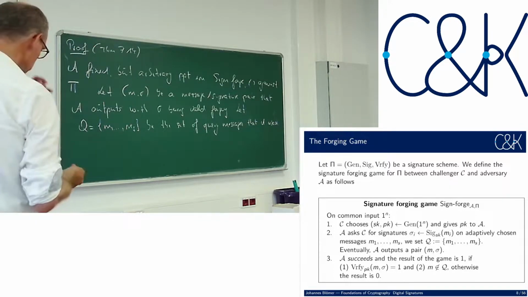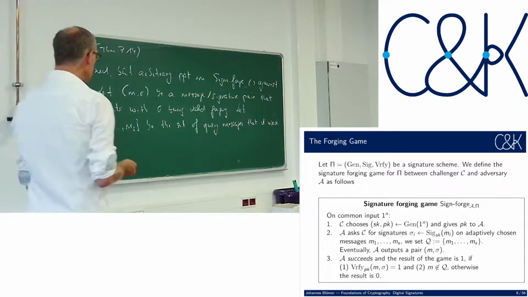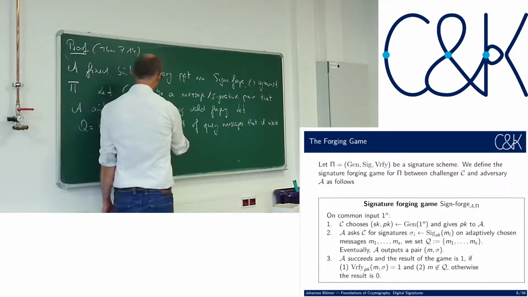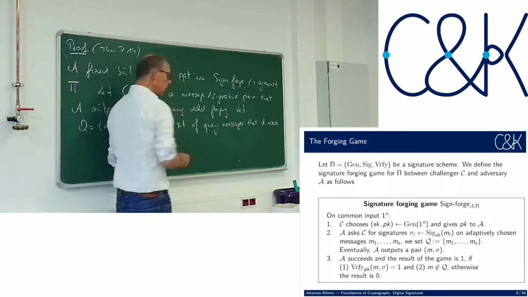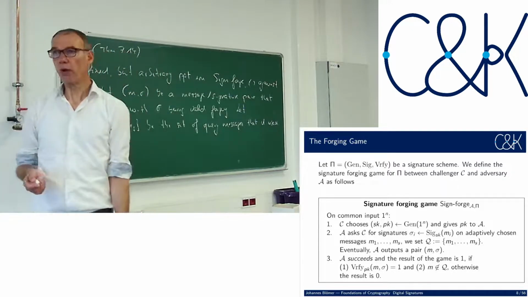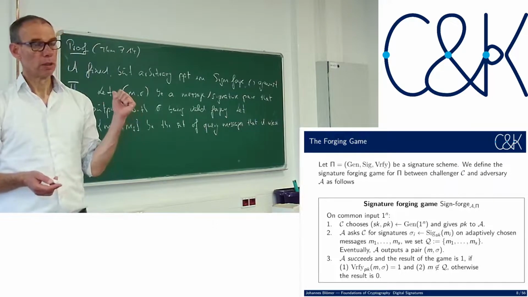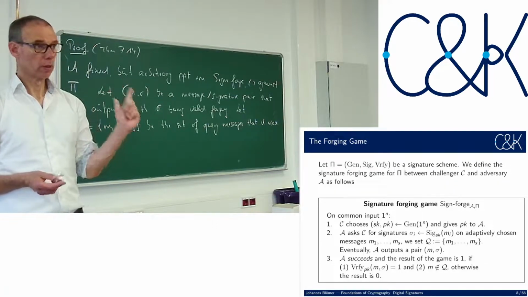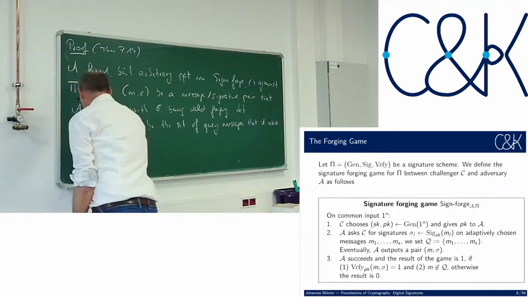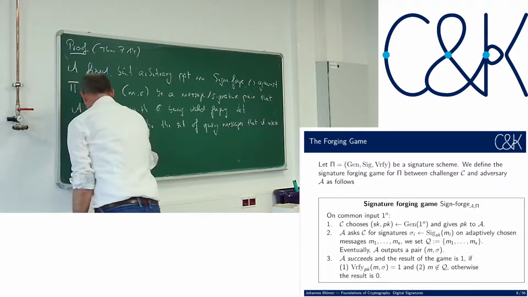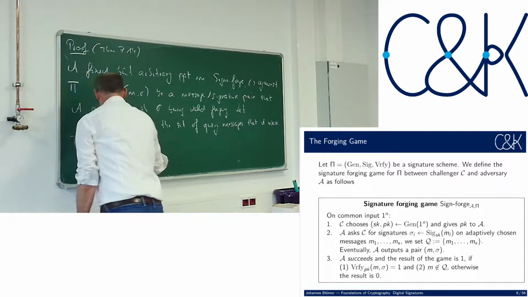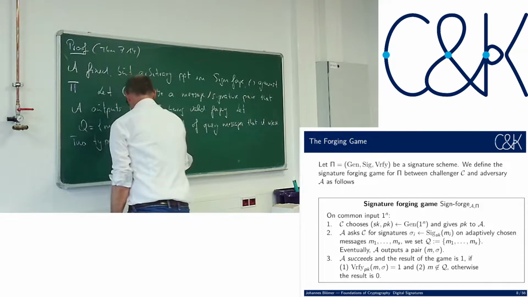So now we distinguish the forgery that A outputs into two types. Okay, we define two types of forgeries.